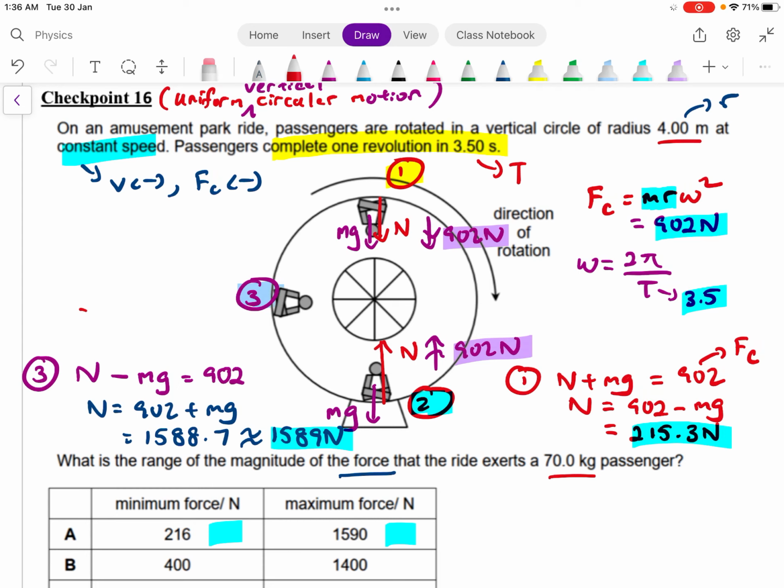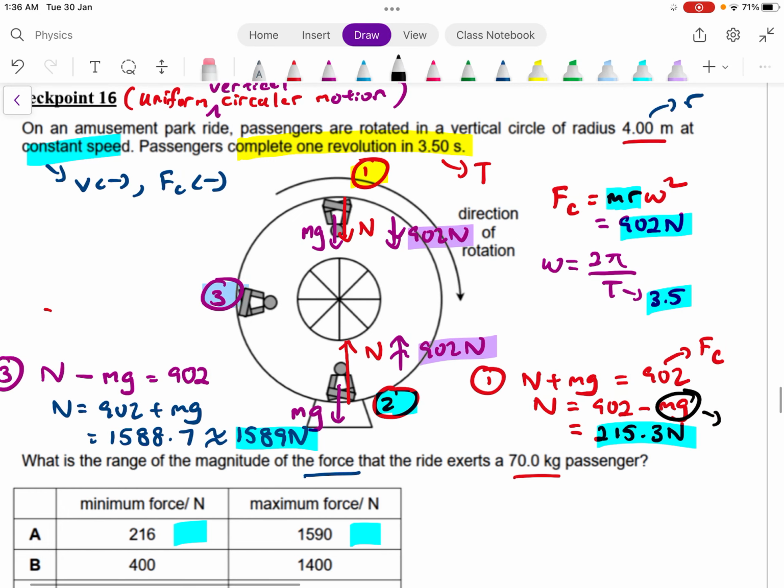I know that the weight is roughly 70 kg times 9.81, so the weight is roughly 686.7. So when you calculate the normal contact force, it's 902 minus 686.7, which will give you 215.3 Newton.